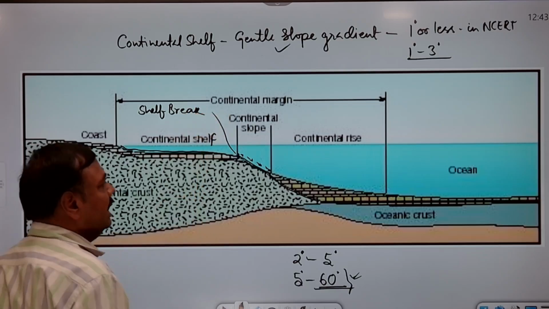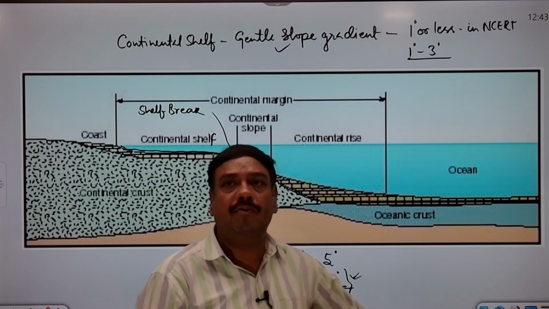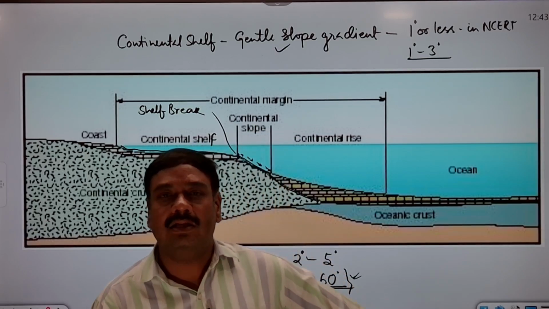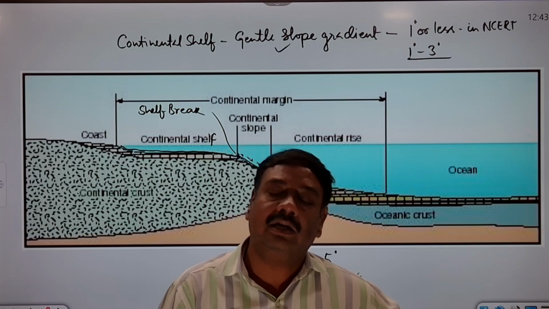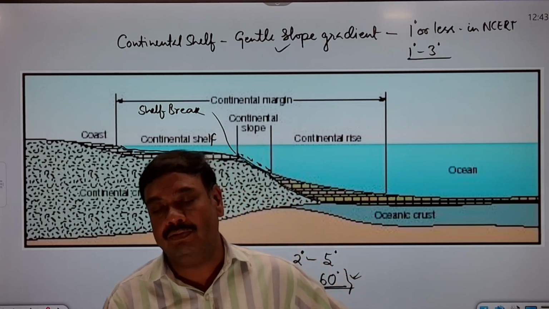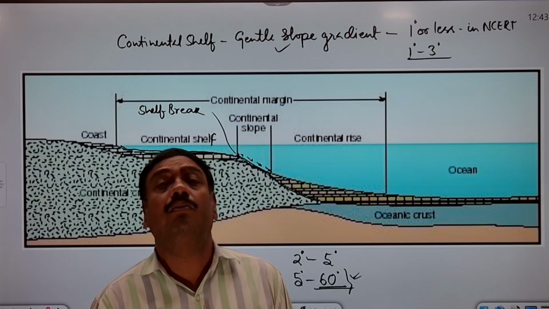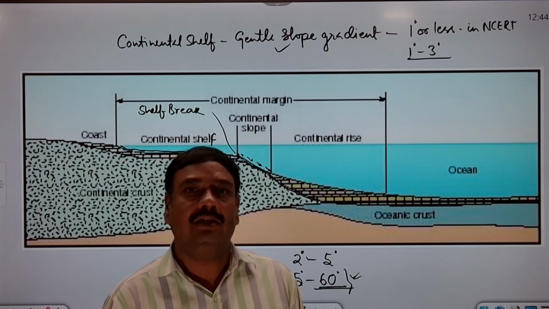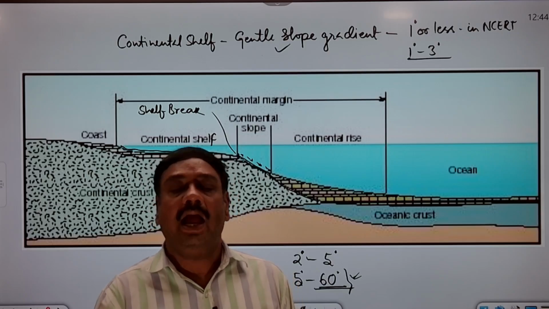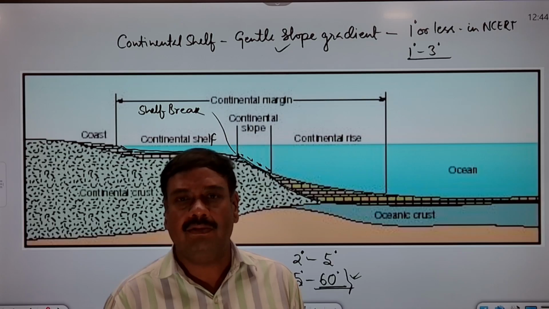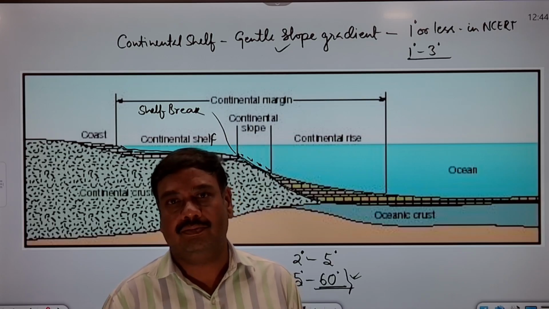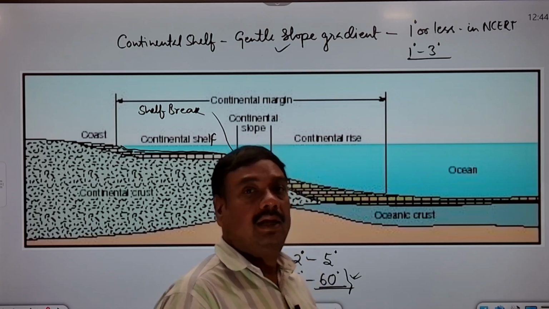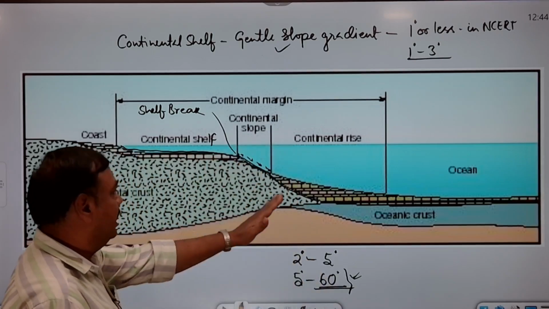So, you can say shelf break is that point from where the extension of the continental crust takes place with more slope gradient, or you can say that this shelf break is the end point of the continental shelf. In any way you can think, shelf break, right.